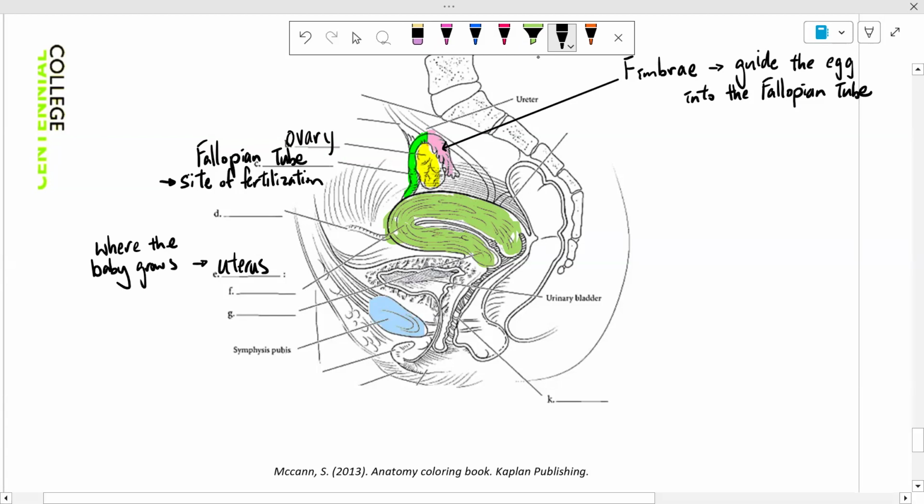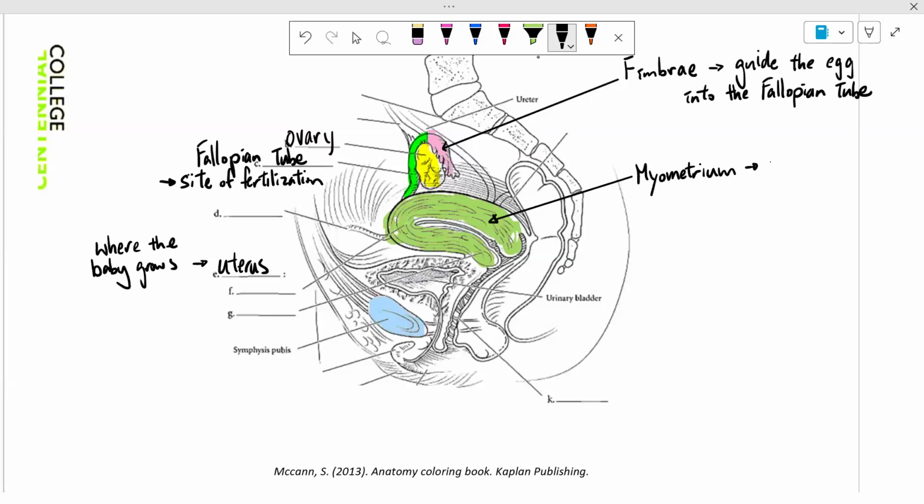Now, the uterus has a very strong muscle layer. We call that the myometrium, which is the uterus muscle.